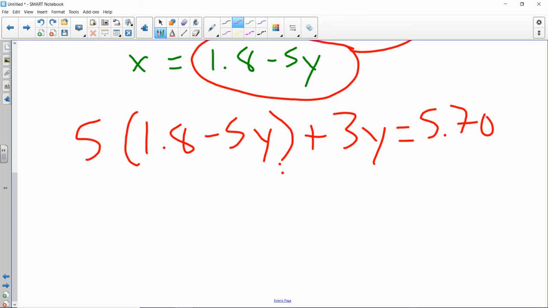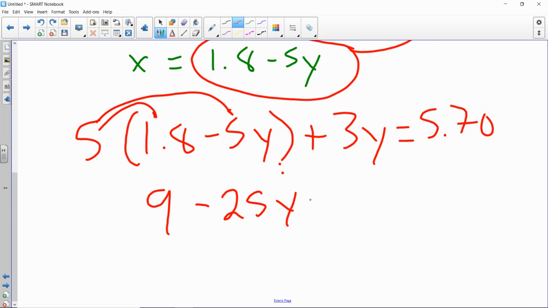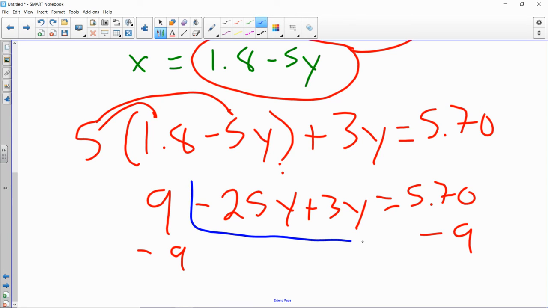So now I have one equation with one variable Y. I'm going to distribute: 9 minus 25Y, plus 3Y equals 570. I'm going to subtract 9 from both sides, as well as combine my like terms.